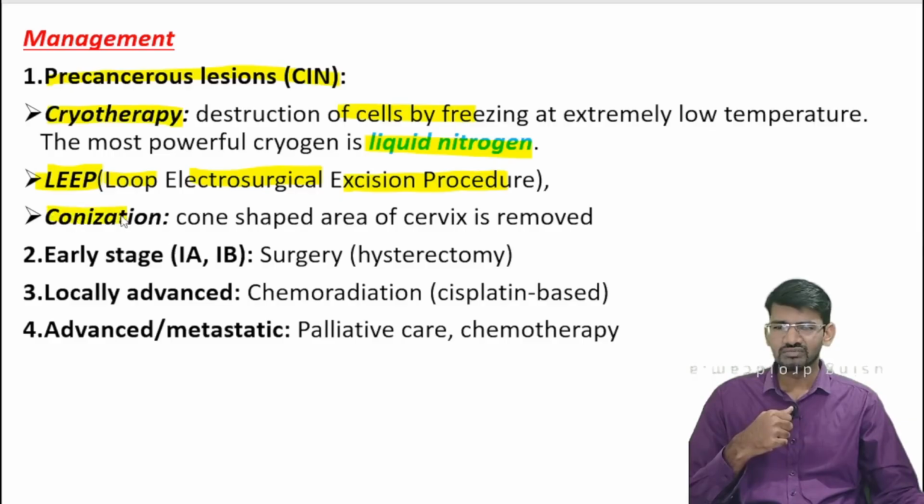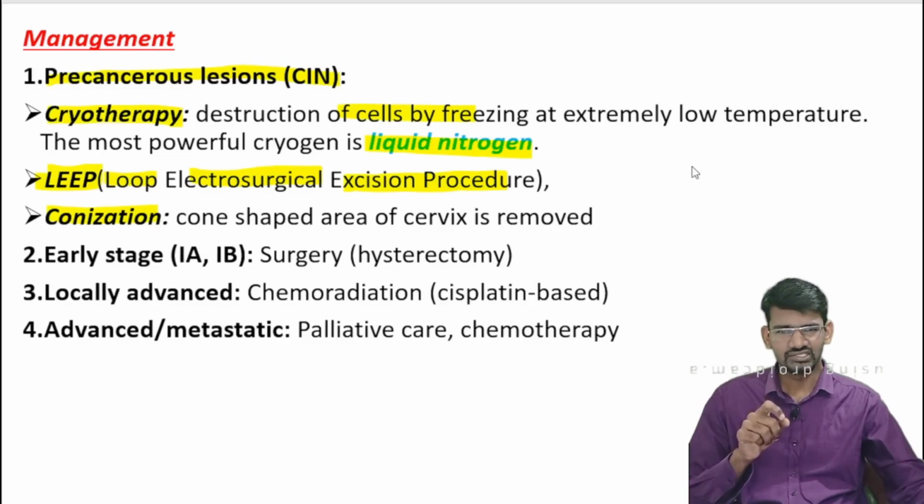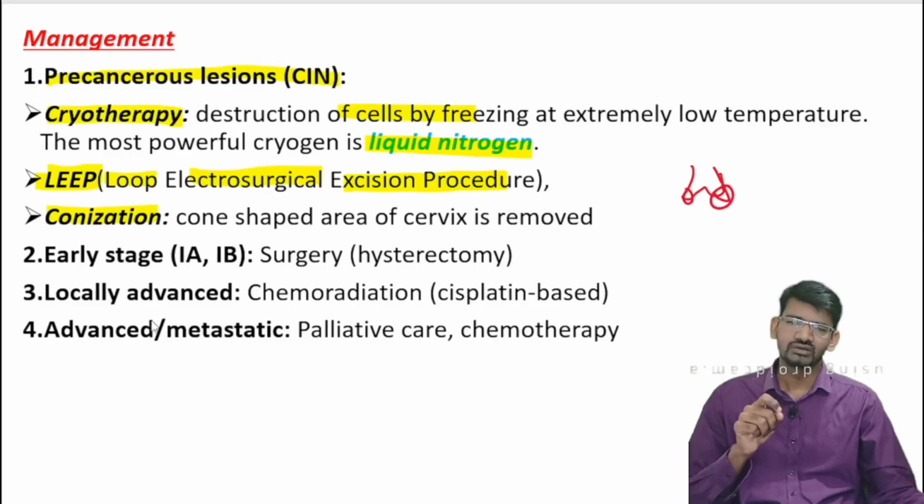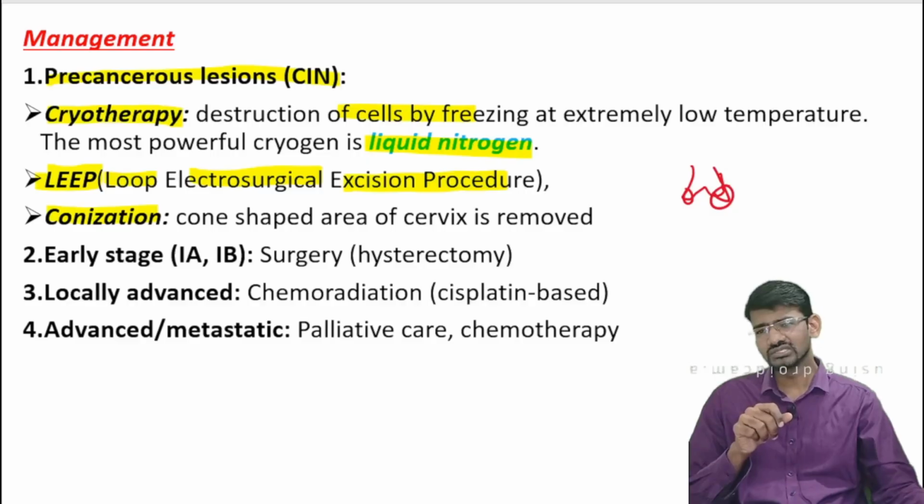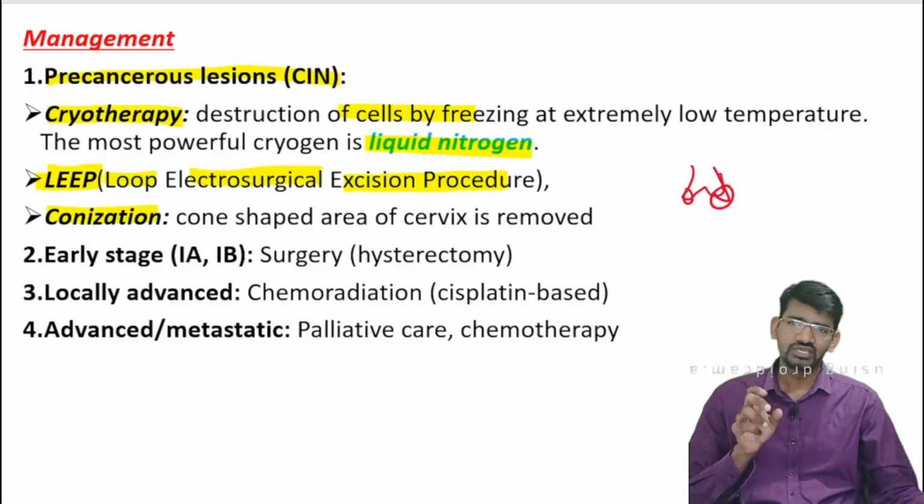Then there is another method called conization, where a cone shaped area of the cervix will be removed. This part they usually remove. That surgical procedure we call conization. This is for the early or precancerous stages of cervical cancer.